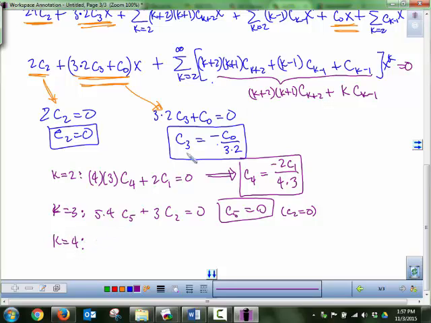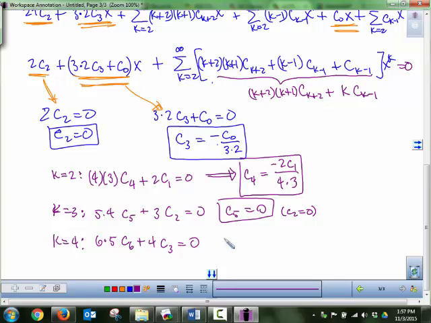Let's see. 4. So this is 6 times 5 c sub 6 plus k is equal to 4, and 4 minus 1 is 3.